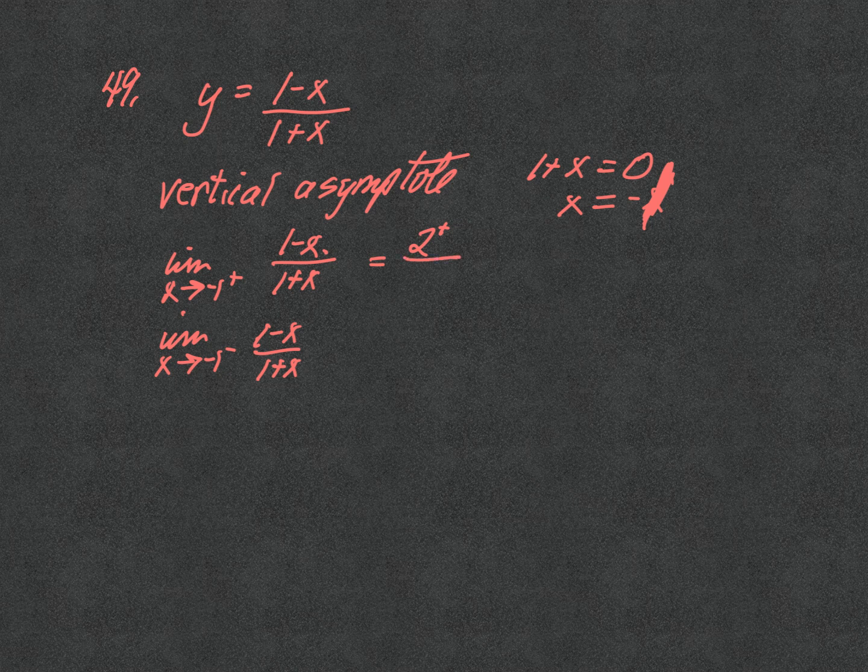Whereas the denominator, at negative 1 from the right, is going to be a positive number. It's just going to be a positive small number. So this is positive over positive, and it's kind of big over very small. So this would be positive infinity, okay?